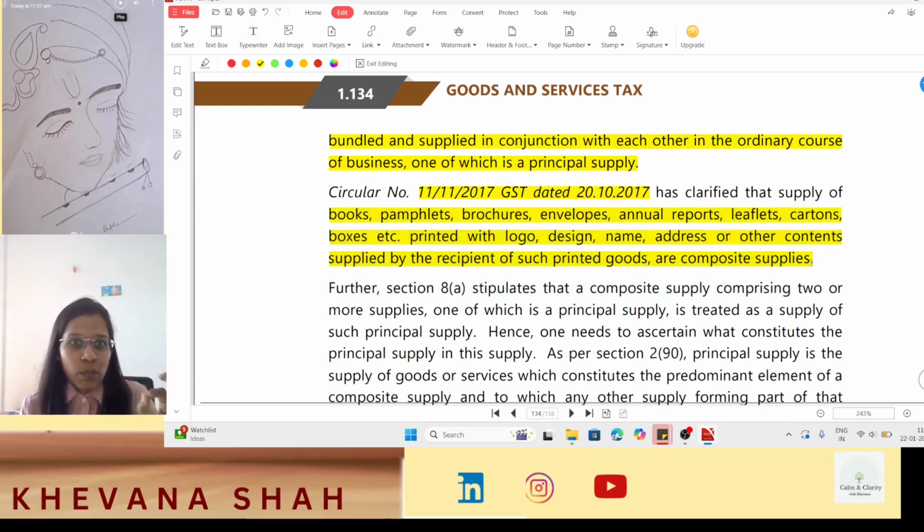So if you have any books, pamphlets, brochures, envelopes, annual reports, leaflets, cartons, boxes, along with the logo, design, name, address, or any other content supplied by the recipient, which means that if your printing services are your major supply, along with goods like books, pamphlets, brochures, these all will fall under the case of composite supplies.